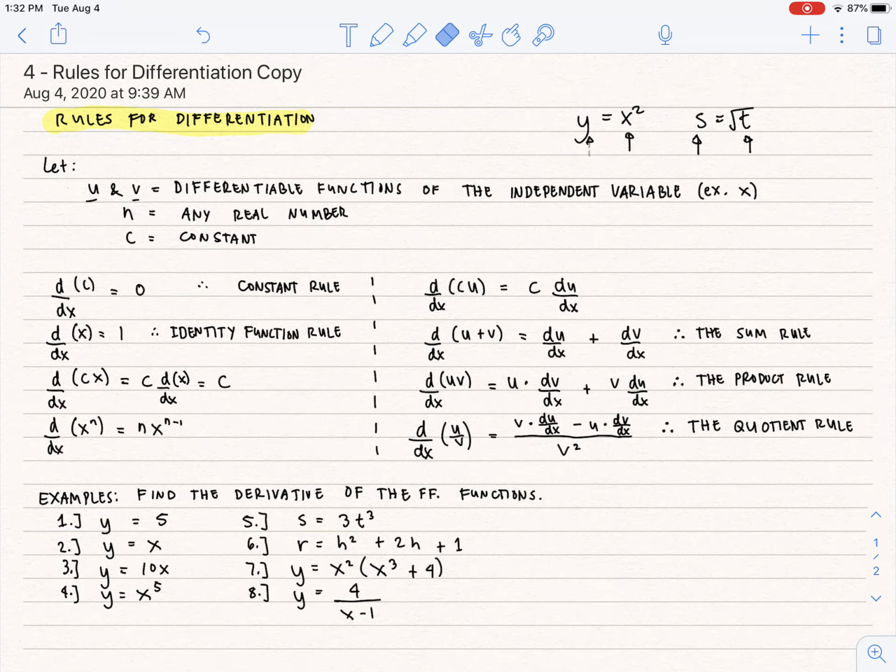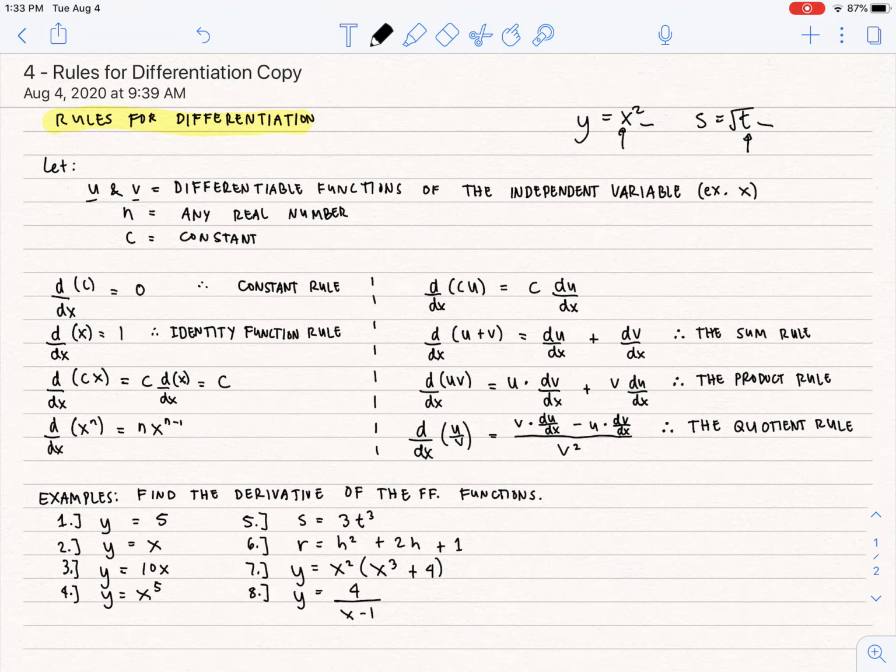So, ang pasabot lang aning we are going to let u and v become differentiable functions of the independent variable x. So, meaning kani ang mag-matter or kani ato ang i-differentiate with respect to x, with respect to t. Okay?